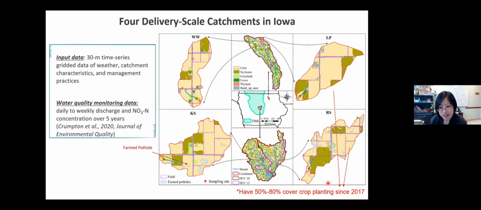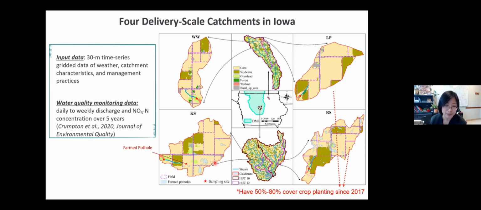And to capture what has happened on the land surface, we have developed 30-meter time series gridded data to depict weather conditions, catchment characteristics, and management practices. And more importantly, our colleague Dr. Bill Crumpton and his team have been monitoring the water quality from these 4 catchments for more than 5 years.